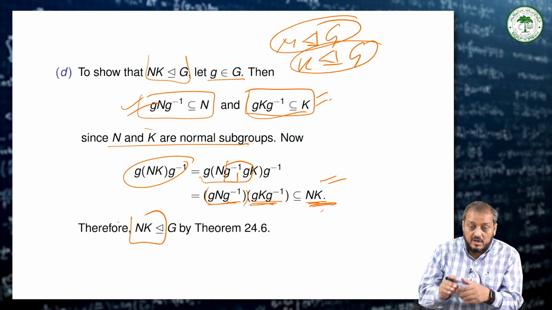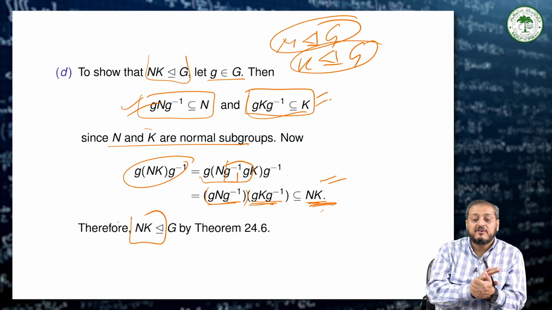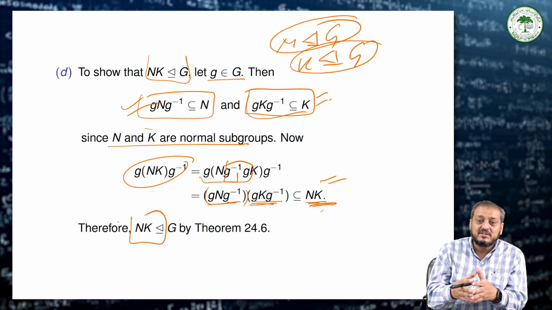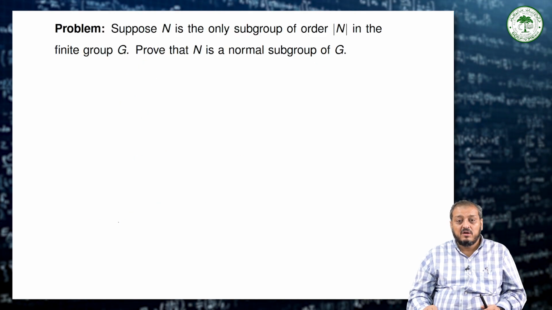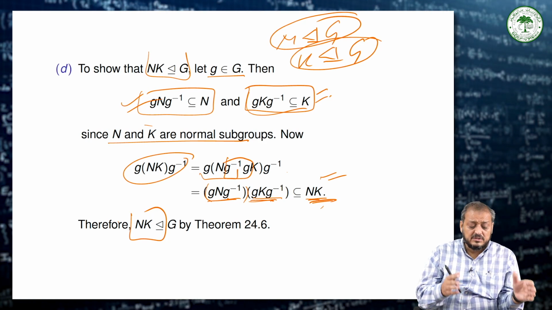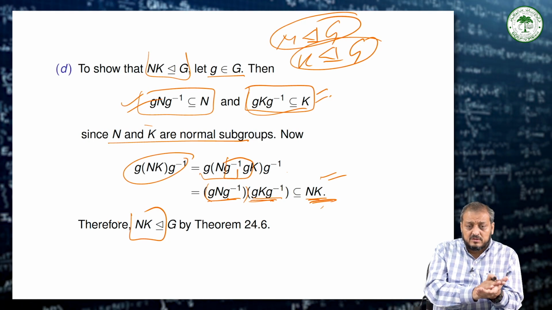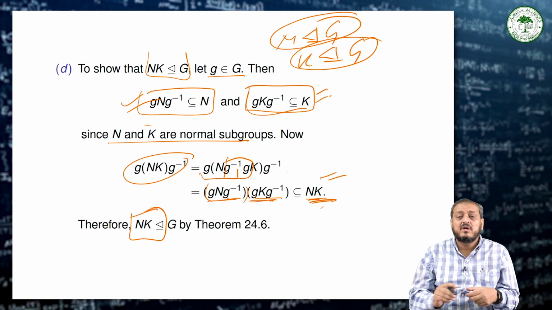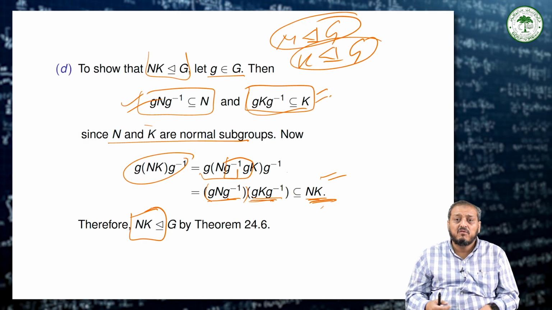So we have proved that this result is also true: whenever N and K are both normal subgroups of G, then Nk is also a normal subgroup of G. So these are all the equivalent conditions we have been proving. This means we can simply say that for two subgroups, these are the equivalent conditions that solve all this problem.